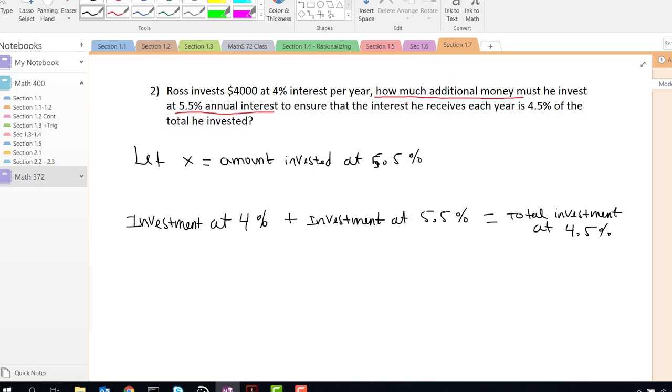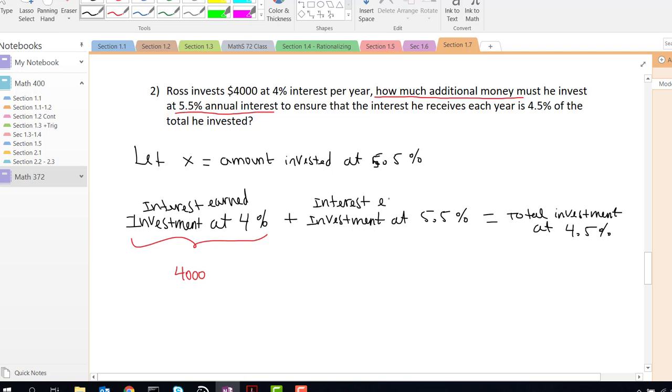Okay, so now what's the investment at 4%? He's investing $4,000 at 4%. So the interest earned, maybe I should say the interest earned on each of these, because that's really what we're finding.